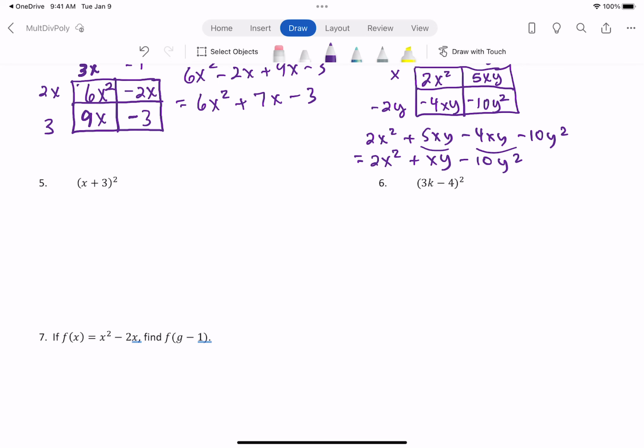Well, that's what x plus 3 squared means. It's exactly the same as having x plus 3 times x plus 3. You're just multiplying what's there times itself. So if you rewrite it that way, then you can use any of the three methods that we've already done.